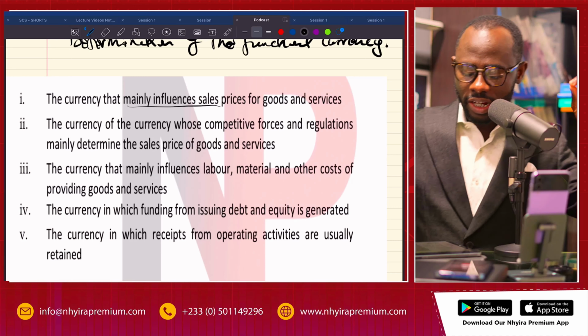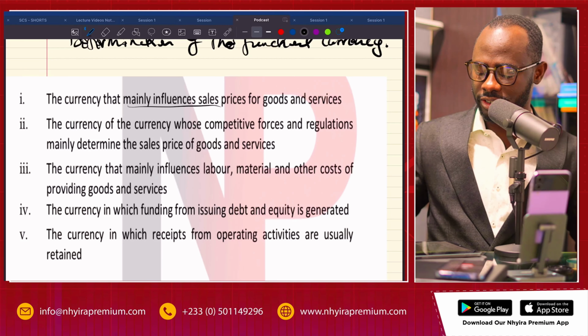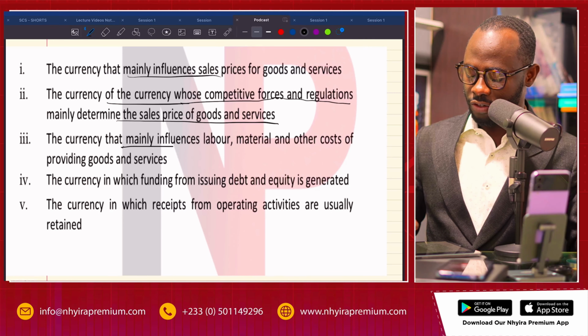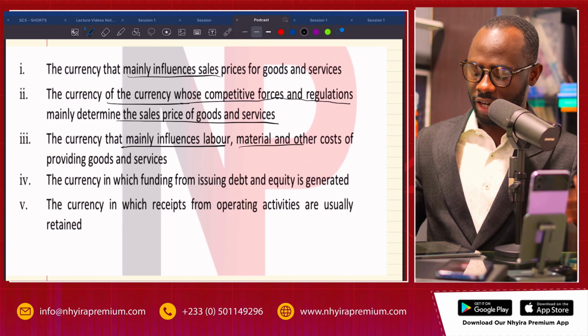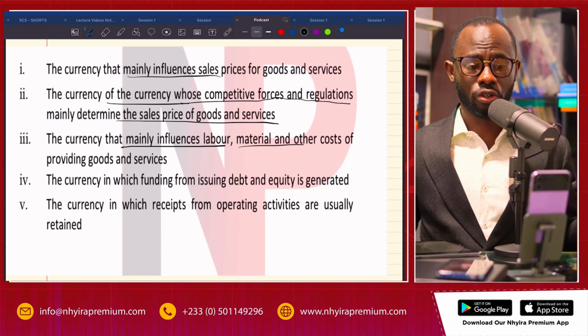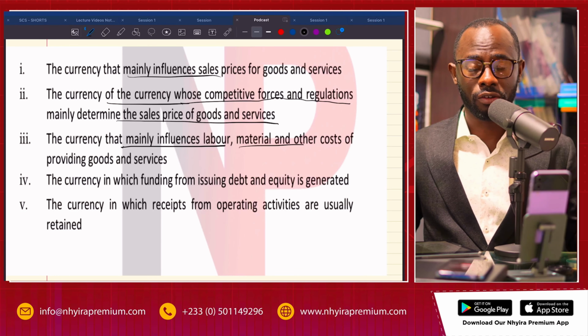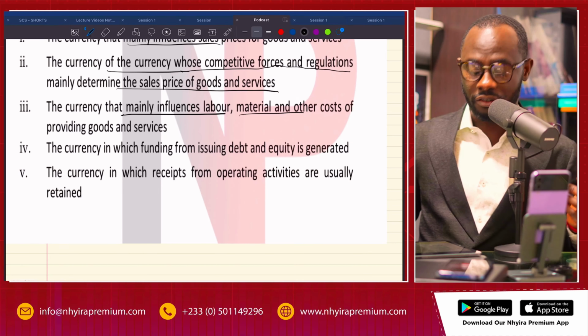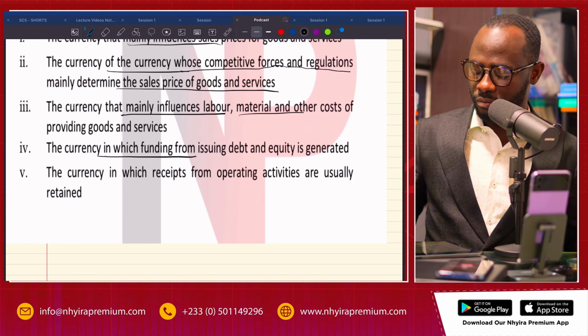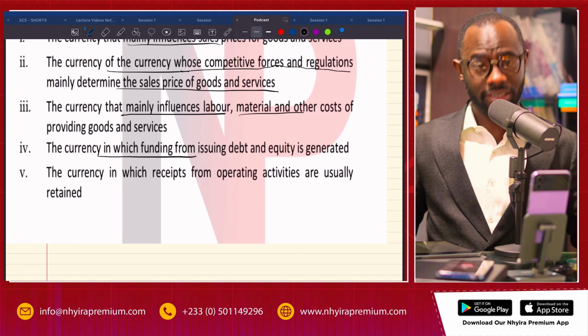So, number one, the currency that mainly influences sales prices for goods and services. Two, the currency that mainly influences labor, material, and other costs of providing goods and services. That could also be a guiding principle. Then the currency in which funding from issuing debt and equity is generated.